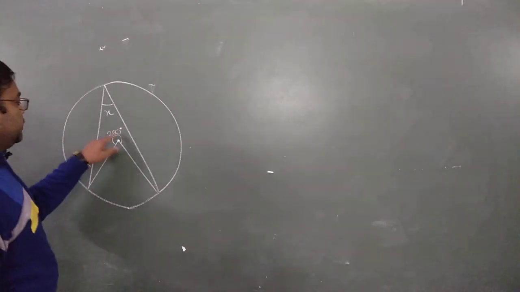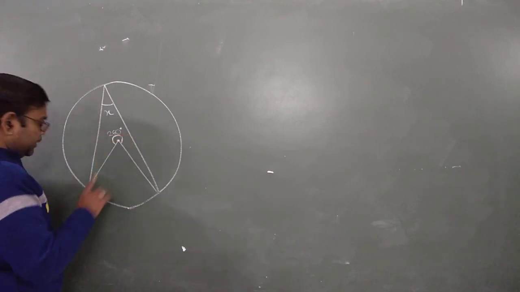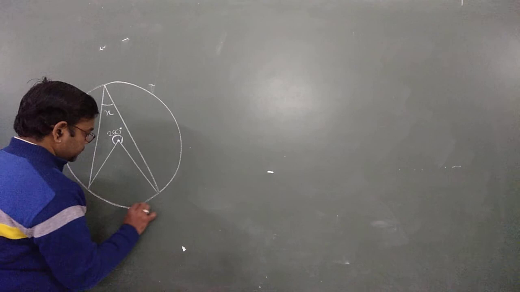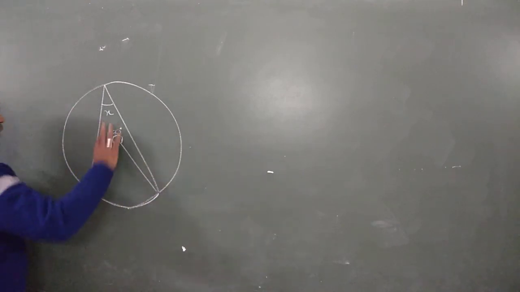Actually this is not the proper way. This angle is given to you as 260 degrees, but this is from the inner side. So this is not the angle made by this smaller arc. This is the angle made by the bigger arc.